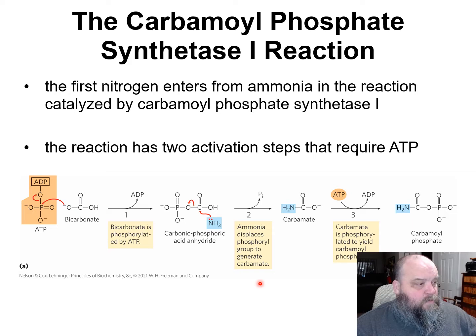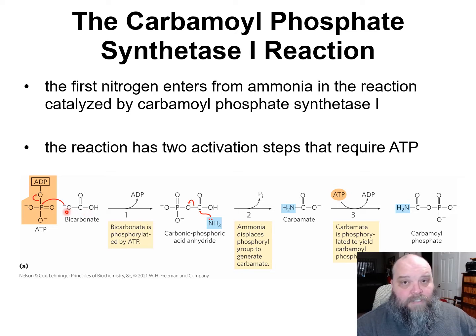Now, in the process of doing this, the carbamyl phosphate synthetase. Okay, synthetase means it's an enzyme that synthesizes something. What's it synthesizing? Carbamyl phosphate. What it does is it's taking ATP, stressing this bond between the oxygen and the phosphate so that you can get this nucleophilic attack from the oxygen here on the bicarbonate.